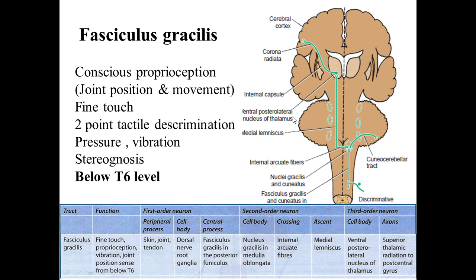Now fasciculus gracilis conveys conscious proprioception, that is the joint position and movement, then fine touch, 2-point tactile discrimination, pressure, vibration, and stereognosis below T6 level of spinal cord.